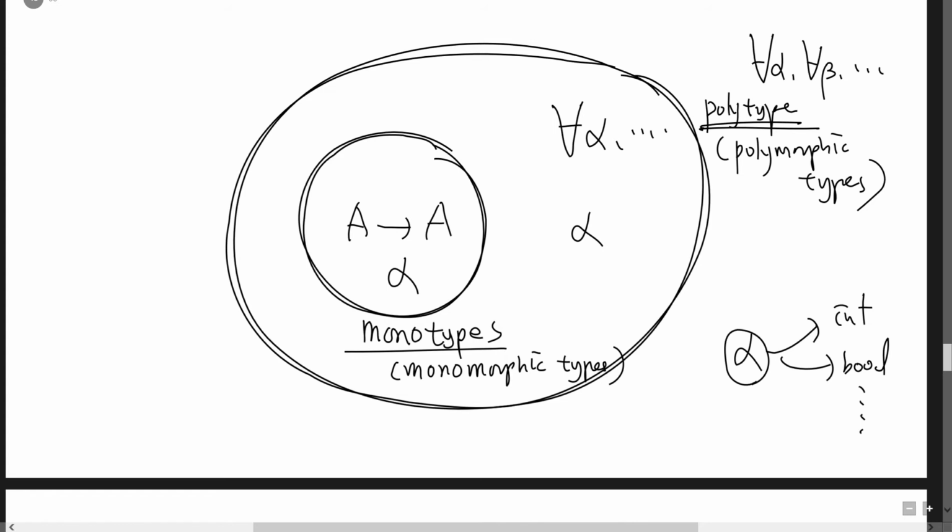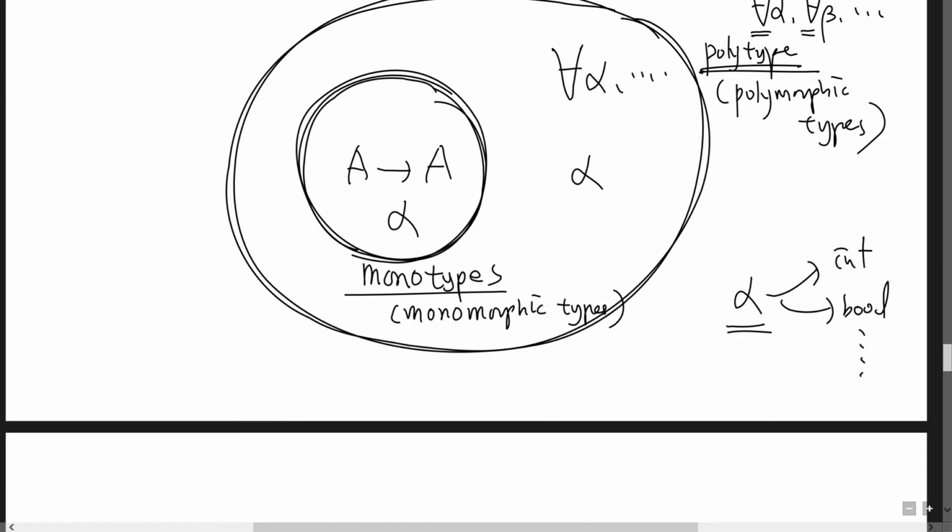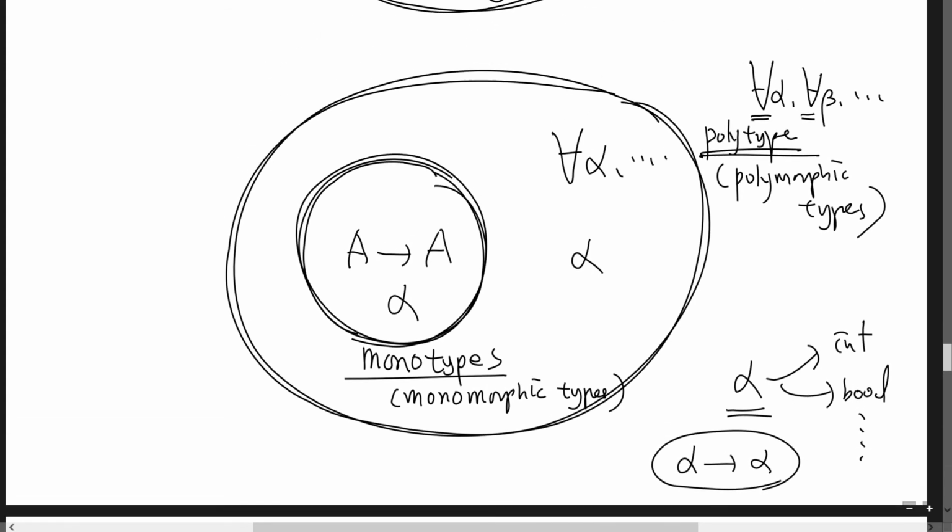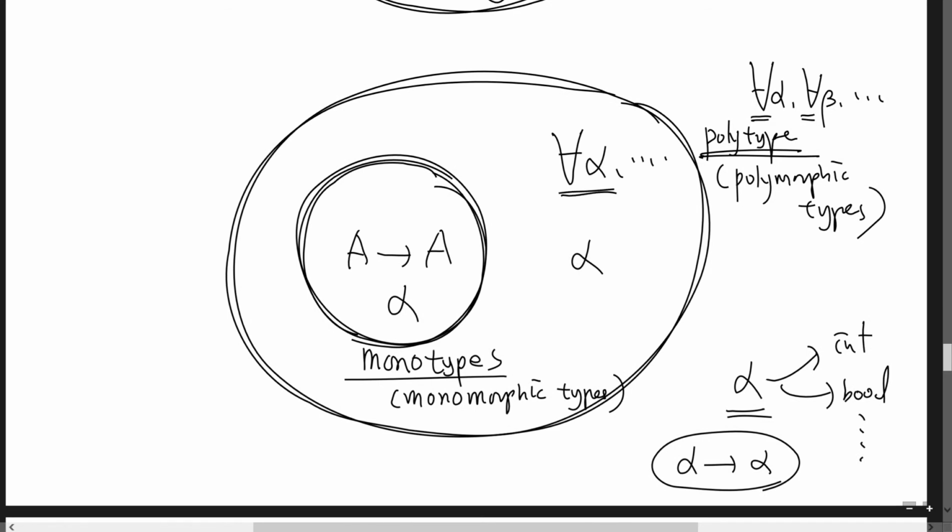This type variable alpha does not start with this type quantifier. So therefore, alpha actually belongs to monotypes. For instance, we can have alpha arrow alpha. This is definitely a monotype. It's not a polymorphic type because we don't have this type quantifier. So to answer the question, this type variable alpha belongs to the inner circle, the set of monotypes. So we should remove this alpha here.